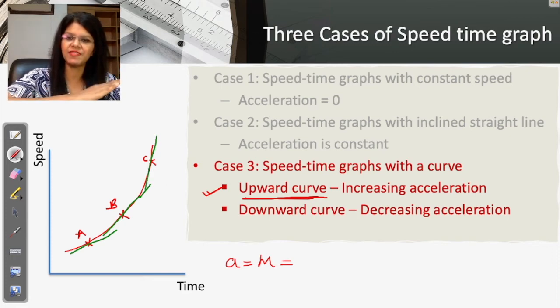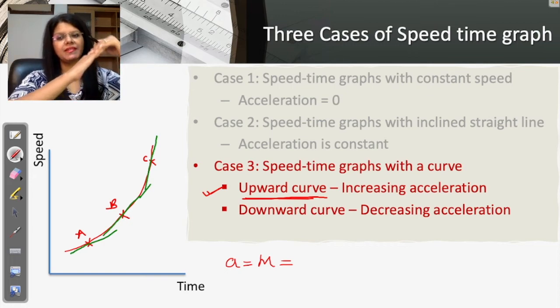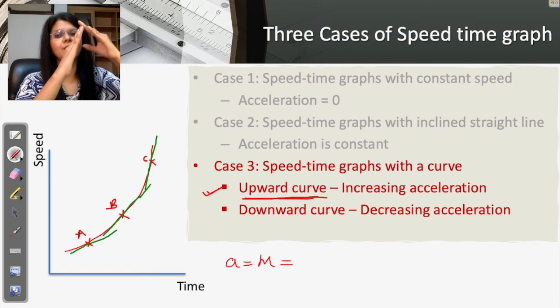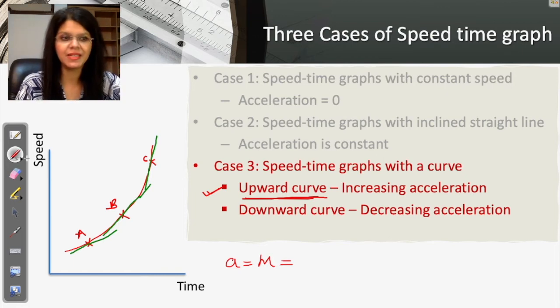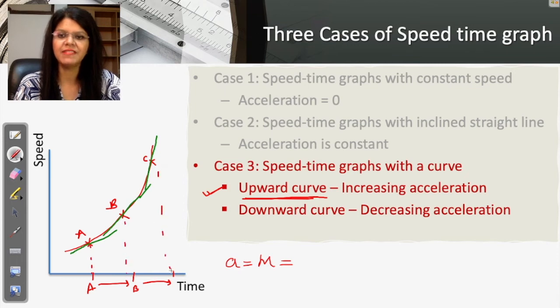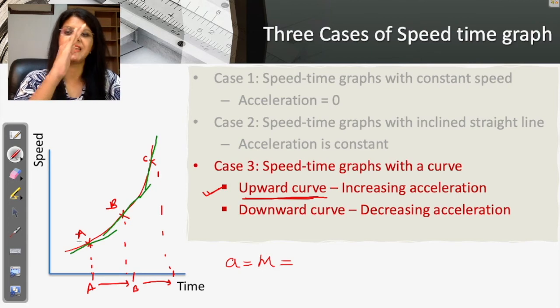Look at the tangents. The tangent at point A is flat, a smaller gradient. Time passes and you reach point B. The tangent is more inclined, more steep. The gradient has increased. At point C, the gradient is even steeper. So with every passing time on the x-axis, from time A to B to C, the gradient is increasing.